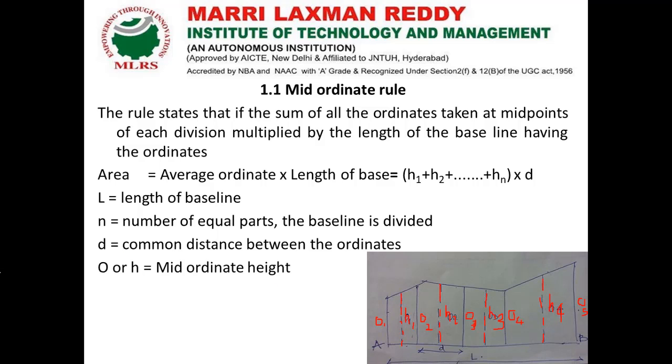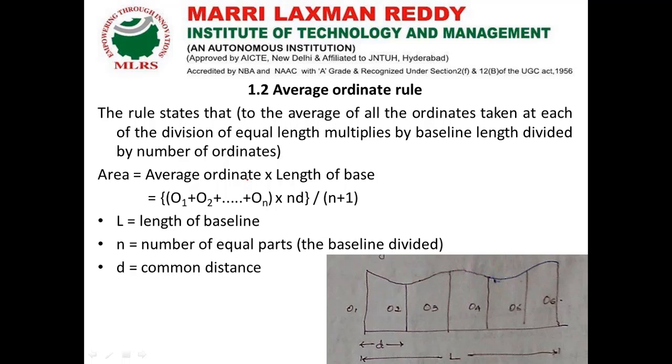Now the mid-ordinate rule formula becomes the sum of the average ordinates h1, h2, h3, h4, multiplied by the base length d, that is the distance between two consecutive ordinates.